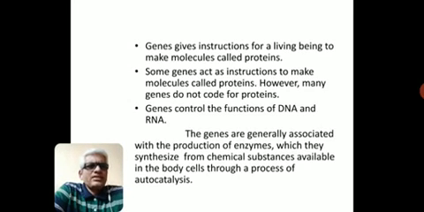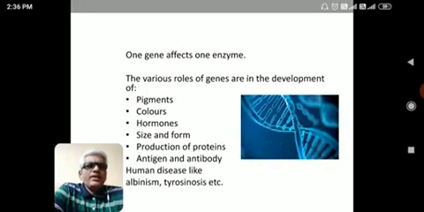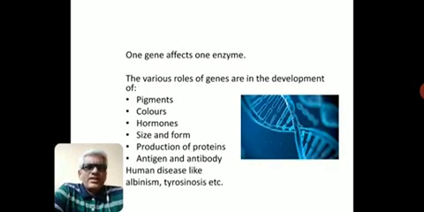Genes are generally associated with the production of enzymes, which they synthesize from chemical substances available in the body cells through the process of autocatalysis. Finally, it is very important that one gene affects one enzyme action.